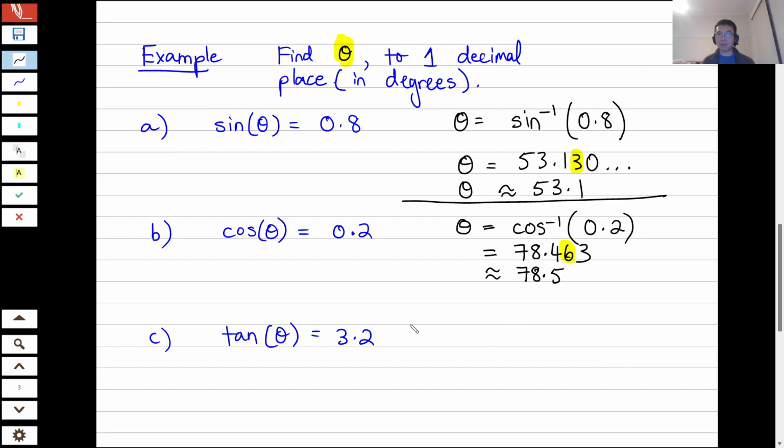Lastly, if I know that tan of the angle theta is the number 3.2, then the inverse tan of the number gets me back to the angle.